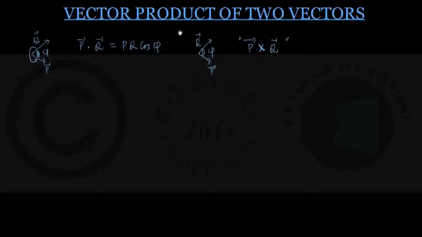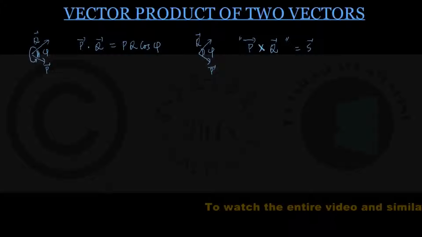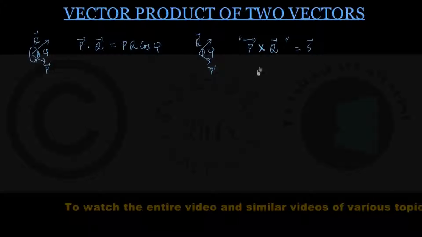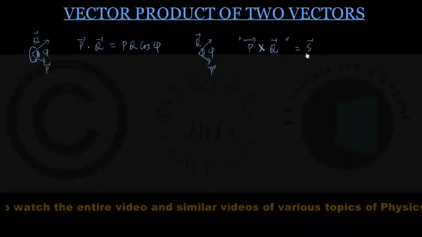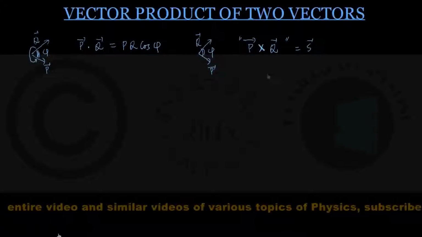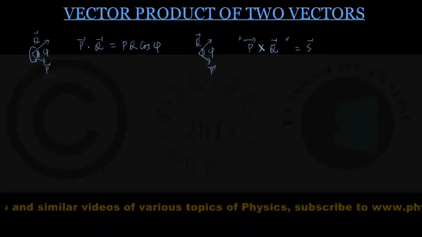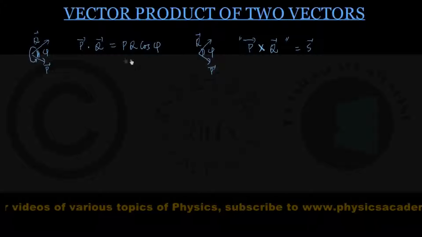That's why the vector product is also called a cross product of two vectors, which happens to be itself a vector. That is interesting. In the previous case we found that it was a scalar quantity coming out to be PQ cos phi, but P cross Q itself is a vector quantity, whose magnitude I'll be showing in detail. The first thing to note here is the two distinctions.